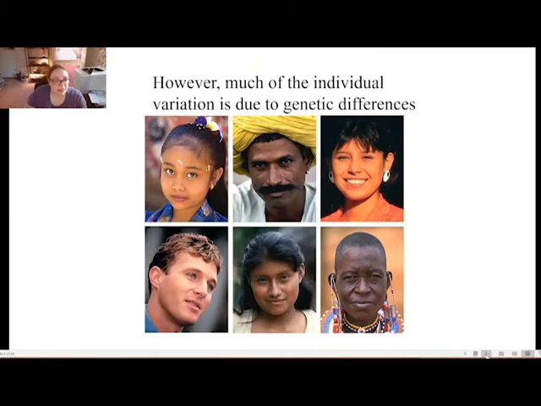However, some genetic differences have evolved due to environmental factors, but they are still genetic differences. So one example here is human skin color. Darker skin colors come from areas that are closer to the equator, and there's a scientific reason for that. It's because darker colors protect you from the sun's rays.